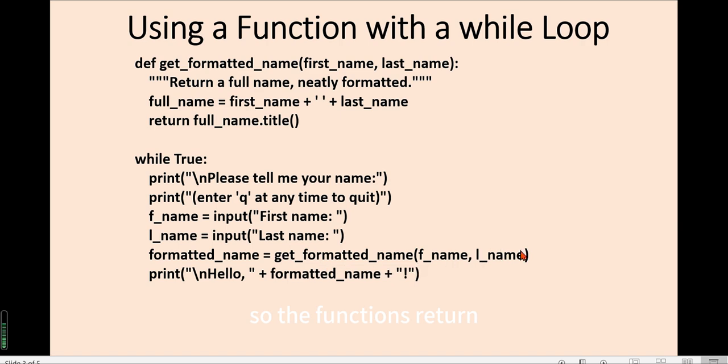So the function's return value will be assigned to this variable called formattedName. The last step will print a message with the formattedName. So this is one iteration inside the while loop. Then we return to the while True, because while True is always true. So this kind of loop will run infinitely. Never stop.